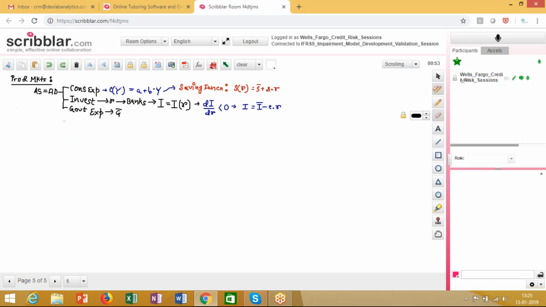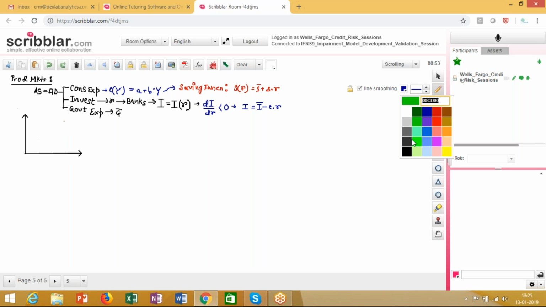So this is your y-axis, your x-axis. So this is your R, and this is your S, savings and investment.